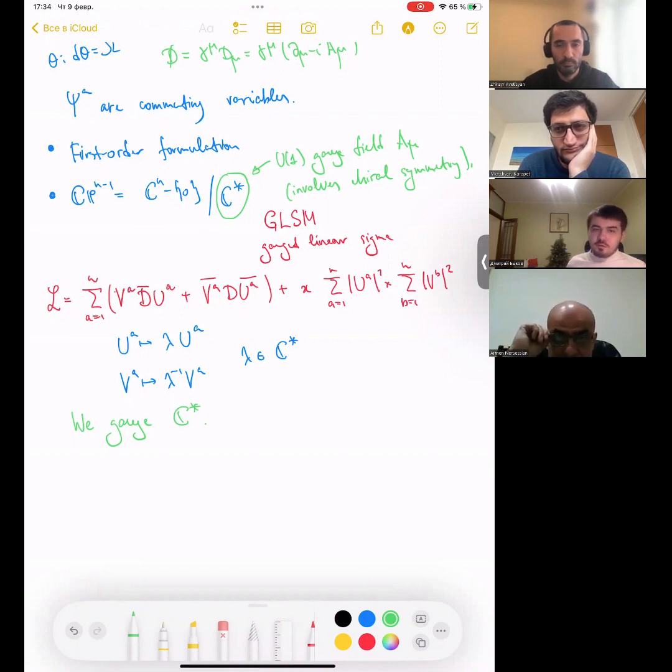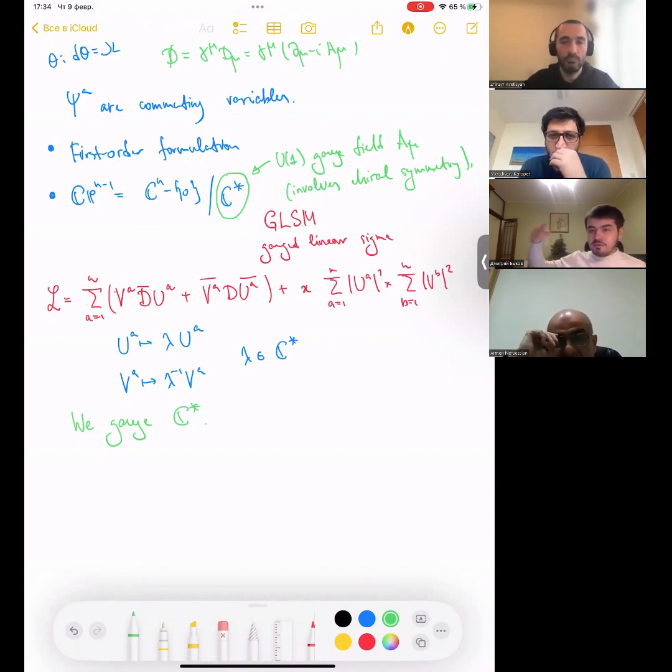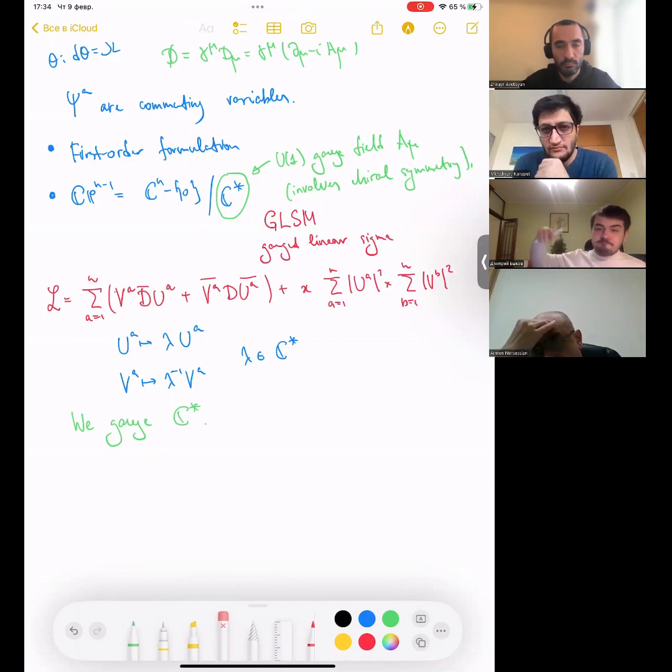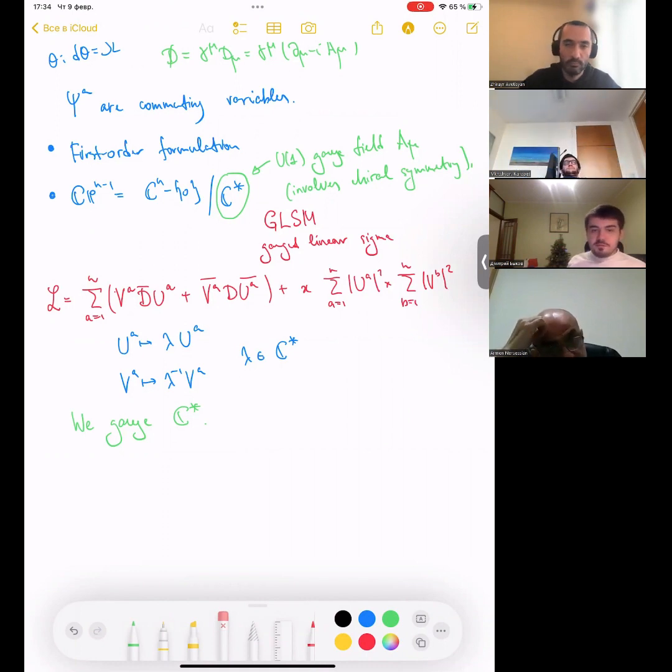Because these gauge fields can be non-trivial on worldsheets of non-trivial topology. So, for example, they can have non-zero first Chern class. They can have holonomies around various cycles. So that's the main reason.